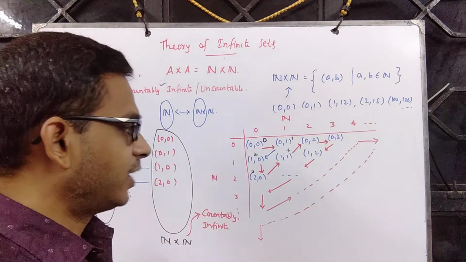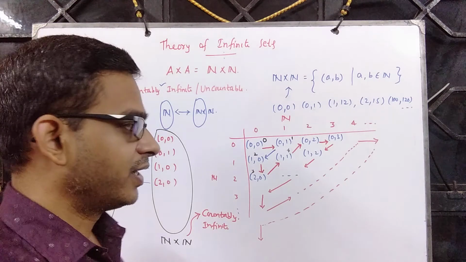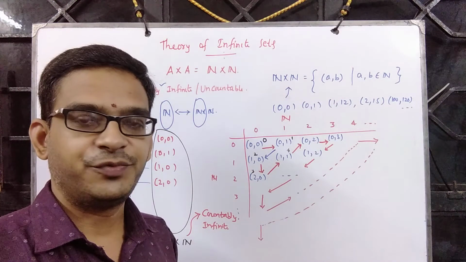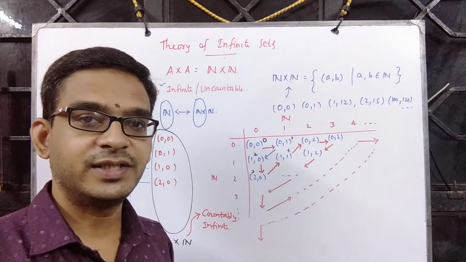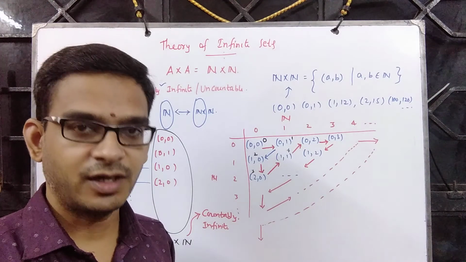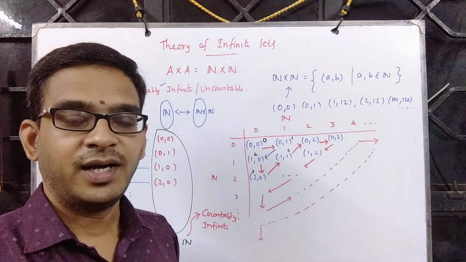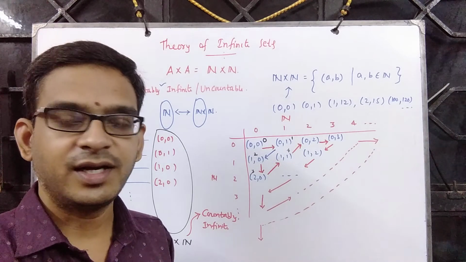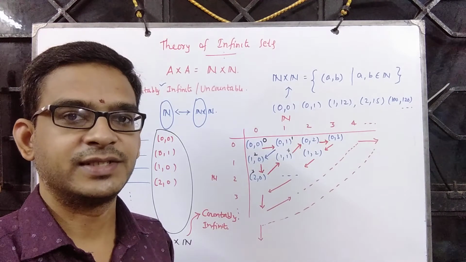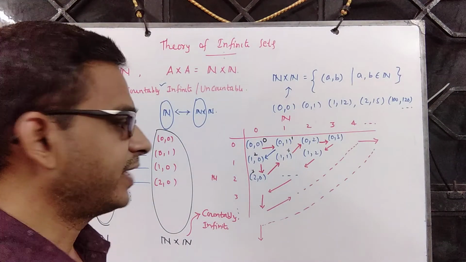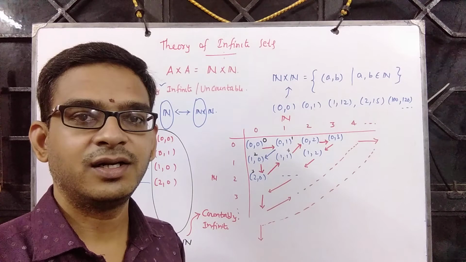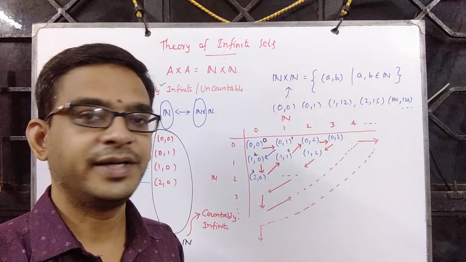Fine. Now this tells you n itself is countably infinite. It's infinite in nature. N cross n is much bigger. Of course, intuition says n cross n is much bigger than n as far as intuition is concerned. But logic says something else. Logic says n and n cross n are of same cardinality.